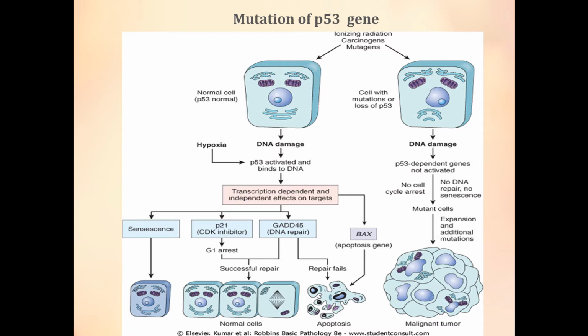And almost 70% of all tumors develop due to mutation of this P53 gene. In this case, the mutated cell doesn't undergo apoptosis, but is continuously included in the cell cycle and acquires immortalization. And immortalization means evasion of apoptosis.